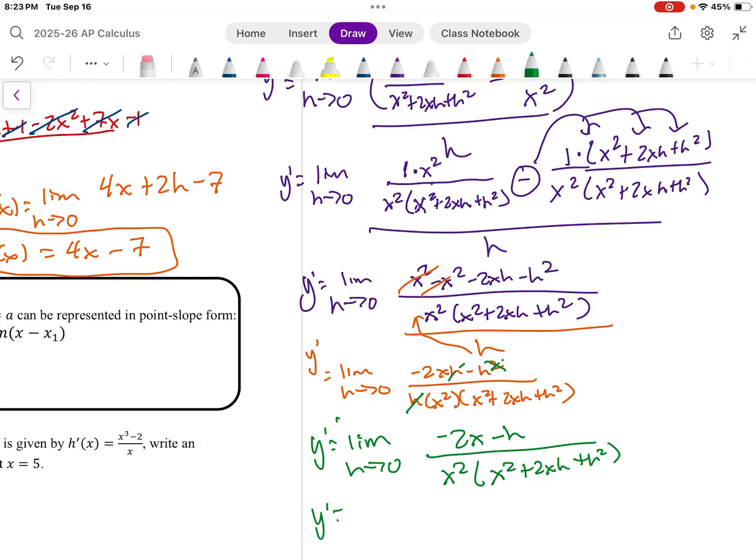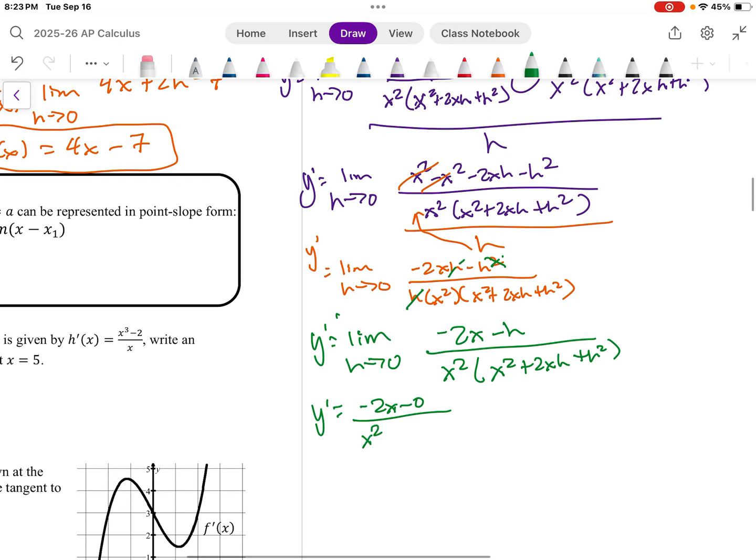So y prime is equal to negative 2x minus 0 over x squared times x squared plus 2x times 0 plus 0 squared. And so that gives me negative 2x on top. On the bottom would be x squared times, that becomes 0, so x squared.